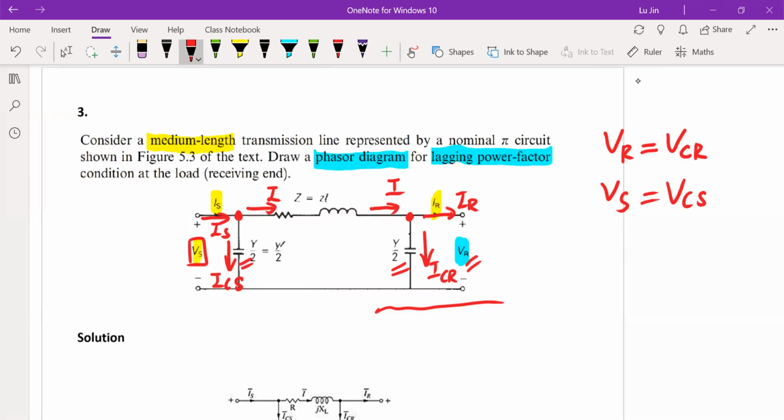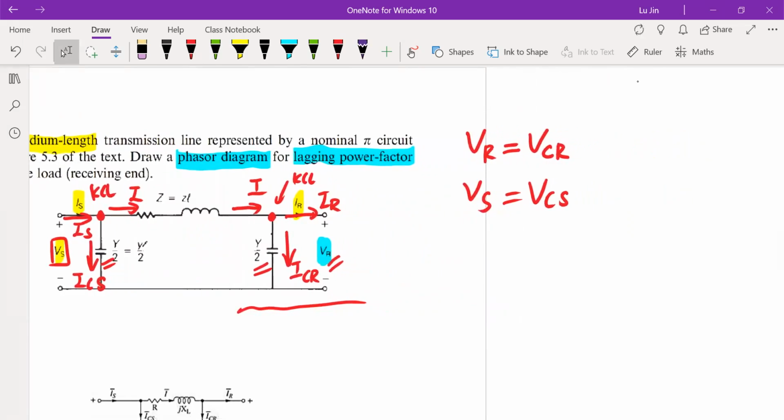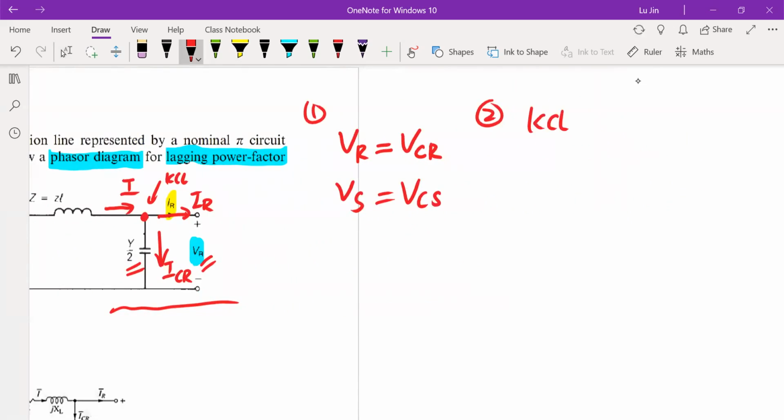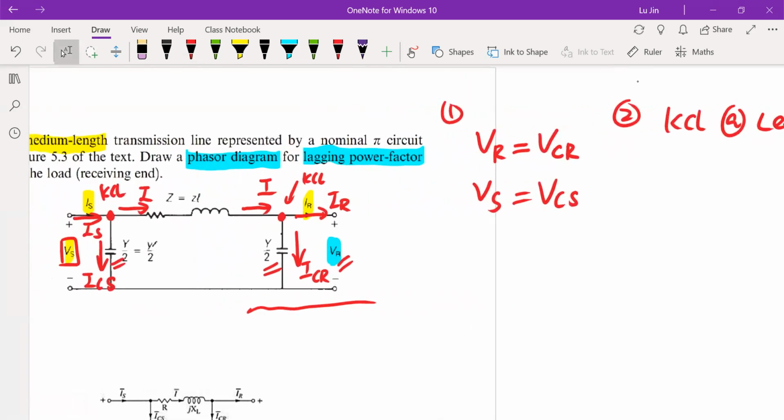How about current? We said we can use KCL on these two red color nodes in the circuit. Okay, this is the first part of the relationship. For the second part, by taking the KCL at the left hand side, the sending side node, we got IS, this incoming current, equals current I plus ICS.